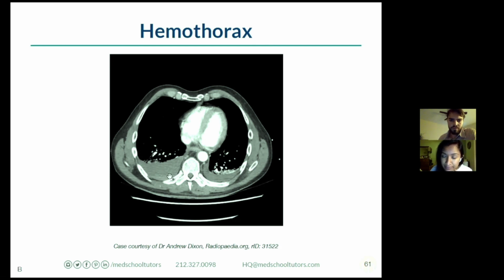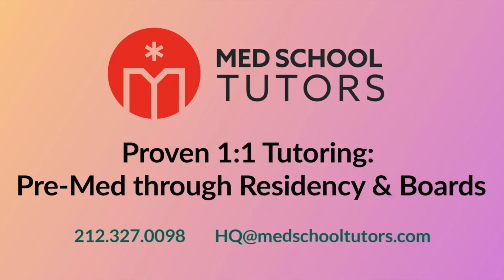This bottommost portion is a bit lighter, and this superior area is a little bit darker, and that represents clotted blood. And so that makes you think of hemothorax. Again, subtle, advanced, don't worry about it if you didn't see it, but that's why I know it's a hemothorax. Great, thank you. Learning something new.